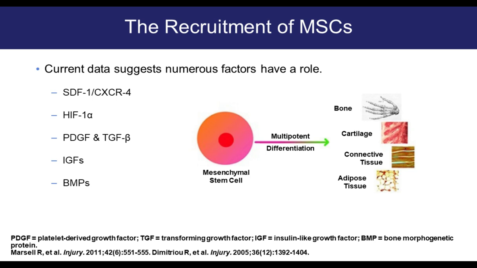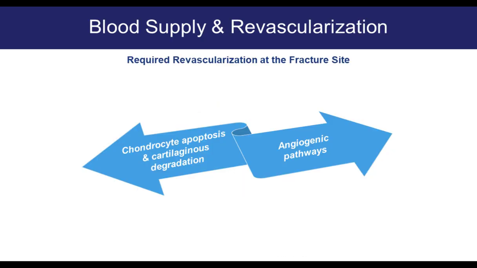I think that you're familiar with that. But again, these cells come in, they're pluripotent, and hopefully in this setting, they become cartilage and bone to allow for fracture healing.